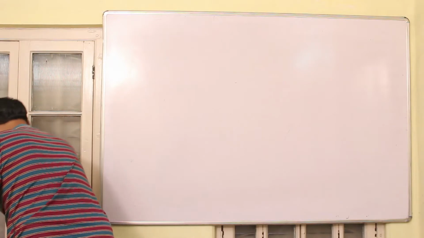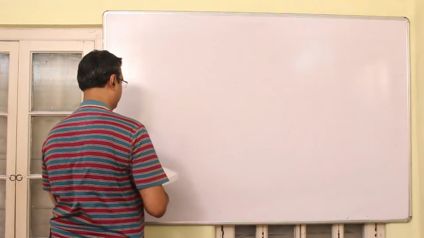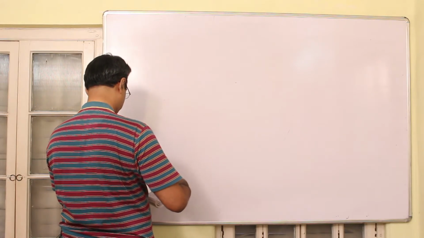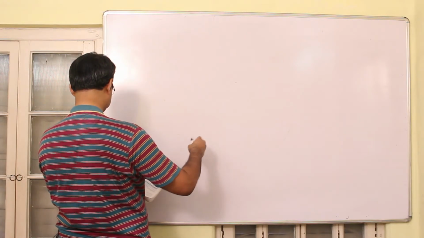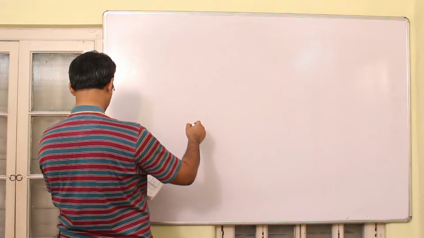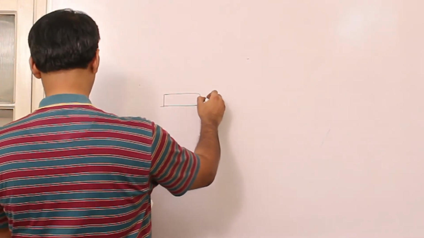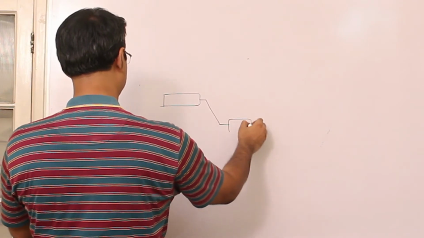Now let's move on to the next three elements, that is O2, F2 and Ne2. So if you recall, we had discussed that the diagram will be a little different for these three.